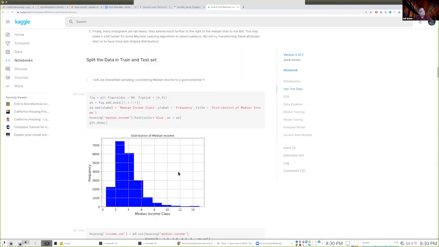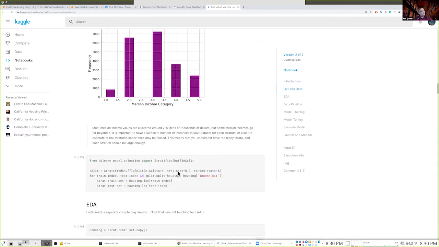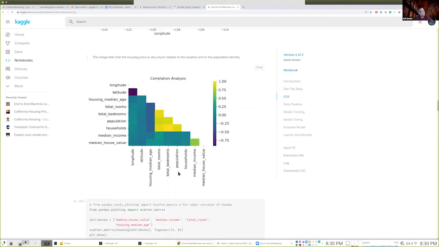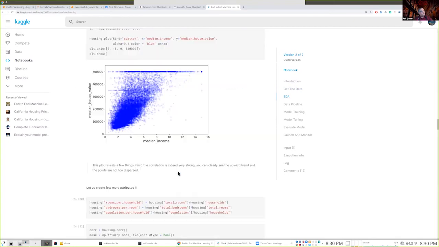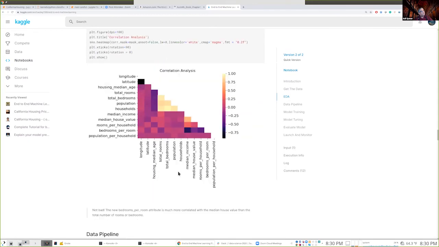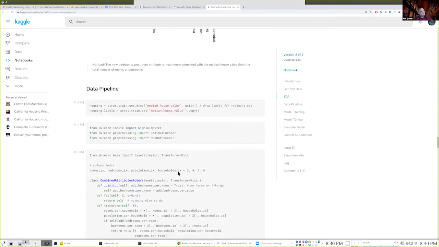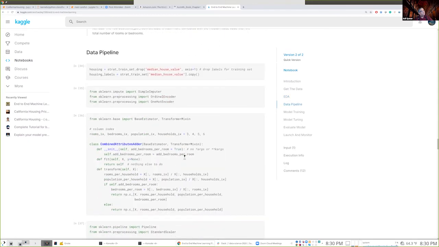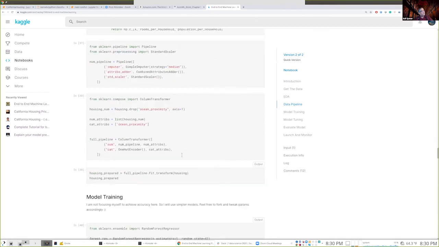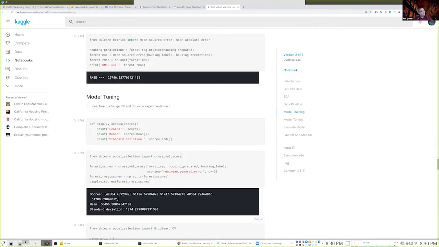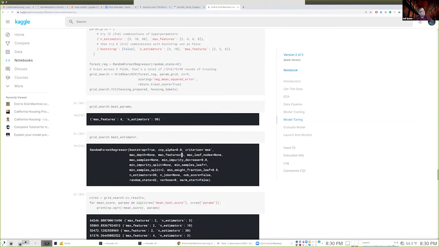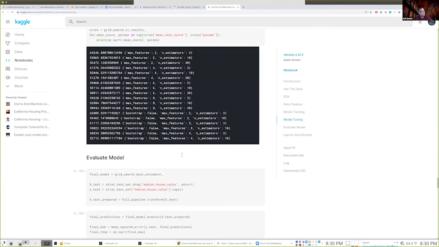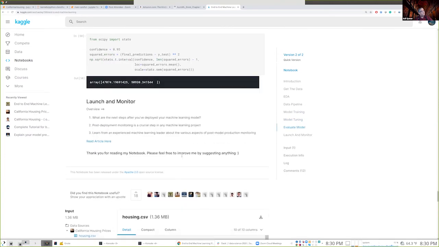And yes, we have these histograms, you got it right. The EDA, the maps, the scatter plots, the pair plots, the correlation matrix, data pipeline, right? And model training, model tuning. No one seems to have done the log transforms, etc. of the data. I wonder why.